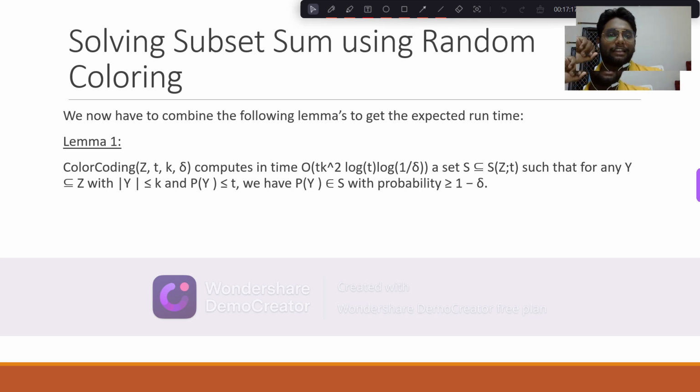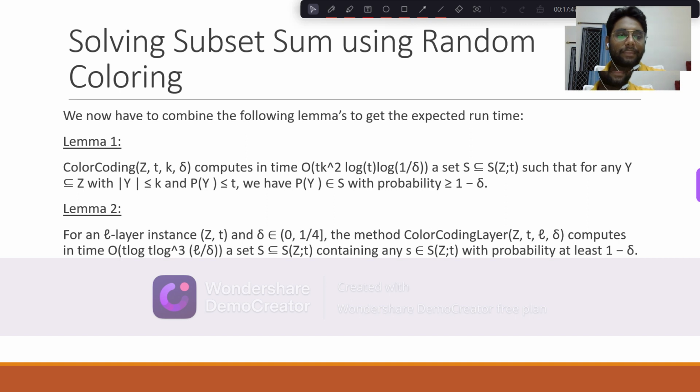The color coding algorithm gives us a time complexity of t k square log t and log 1 by delta. Here k square is very small, so we can consider it a constant, and log t gives a complexity of t log t, but by fast Fourier transform we can get it down to t. The log 1 by delta depends on the efficiency we require, and the whole thing comes with a probability of 1 minus delta.